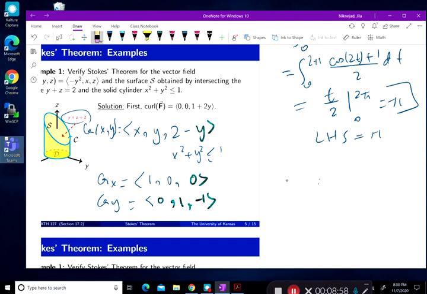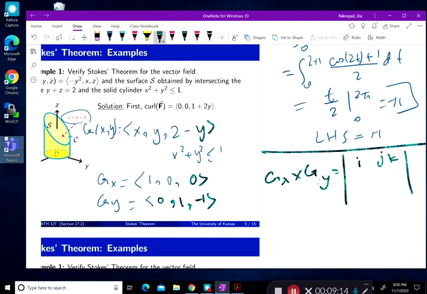Now I'm going to compute g_x cross g_y, which is i, j, k; 1, 0, 0; 0, 1, negative 1. Computing that, for i I get 0, for j we get 0, 1, 1.